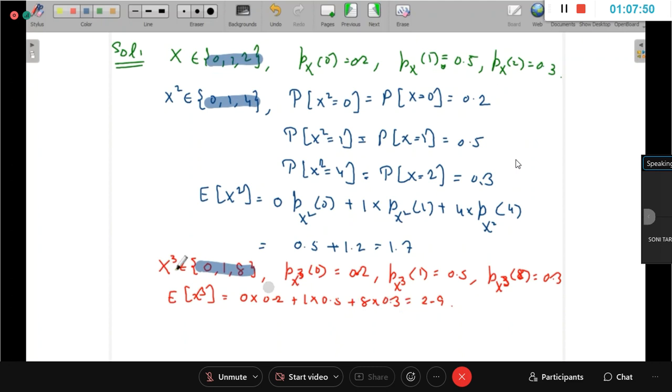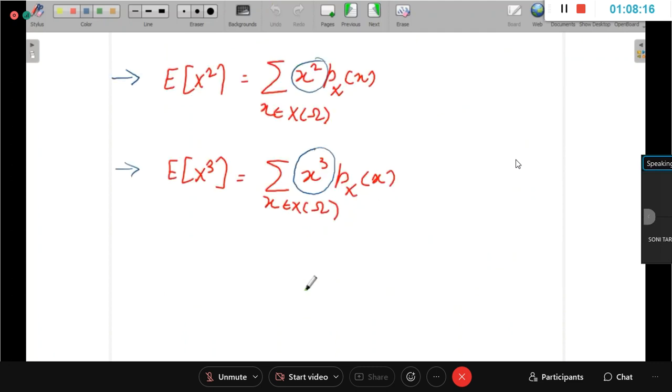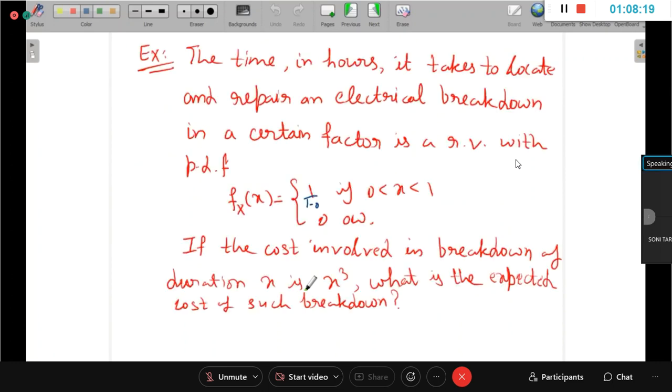Similarly, x cube lies in the set 0, 1, 8, and that is also found: P of x cube at 0 is P_X(0), P of x cube at 1 is P_X(1), P of x cube at 8 is P_X(2), and you can relate it all in a similar way. Then you will have the expectation of x cube. You can follow the definition. So there's nothing more to discuss here. This problem can be discussed a little.